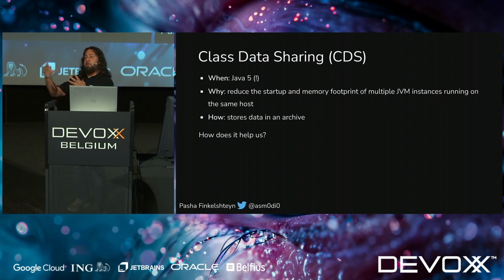We launch our applications in virtual machines, in containers, and so on. And the idea was very simple. They took some data from the JVM and put it into an archive, something.jsa. And it allowed Java to start up faster. How does it help us? It actually does not.